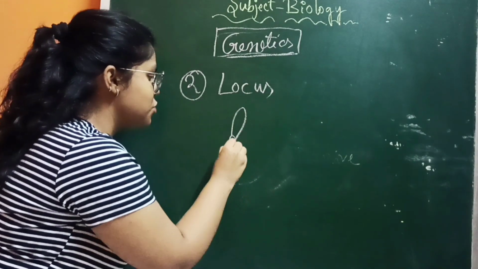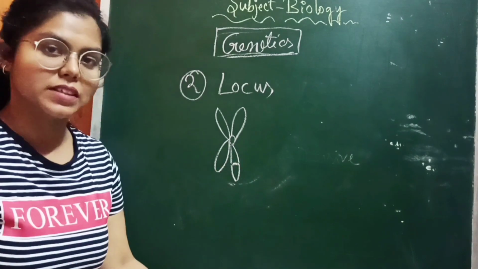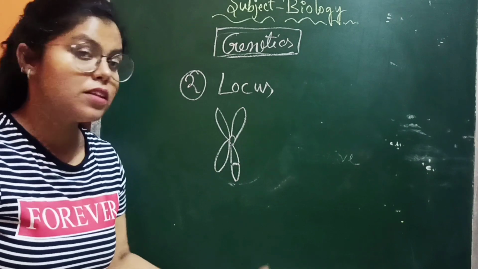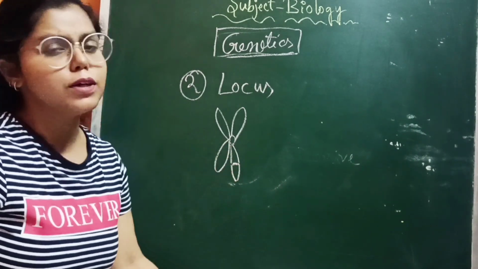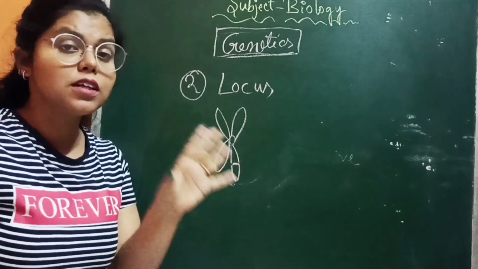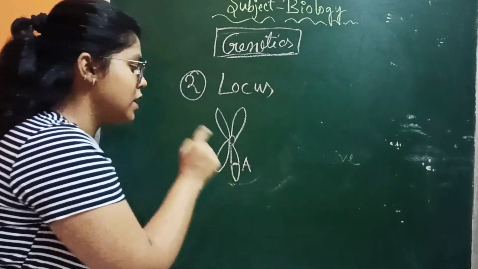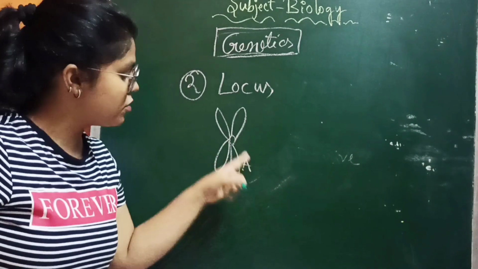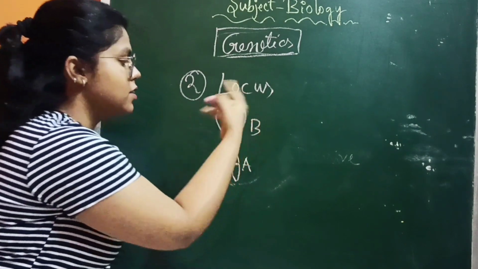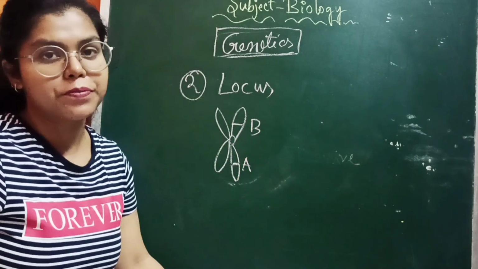Suppose this is a chromosome and here is the gene present, particularly in the P arm or Q arm. So this is the locus of that particular gene. Suppose gene A is present in this arm, so the locus of the gene is that. Suppose gene B is present in the other arm, so the locus of gene B is that.